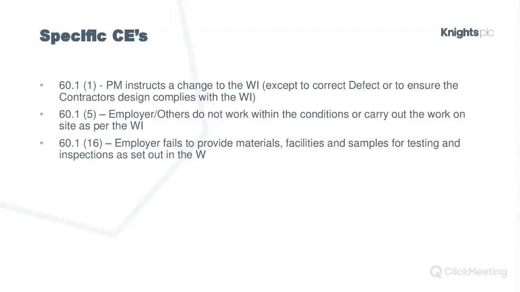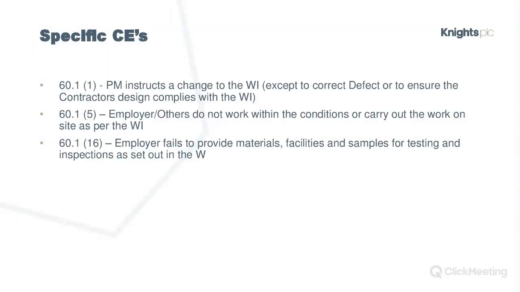If the works information just says the employer will be generally milling around on site at all times, you cannot ever say that they disrupted our work, because the works information allows them to be milling around on site at all times.